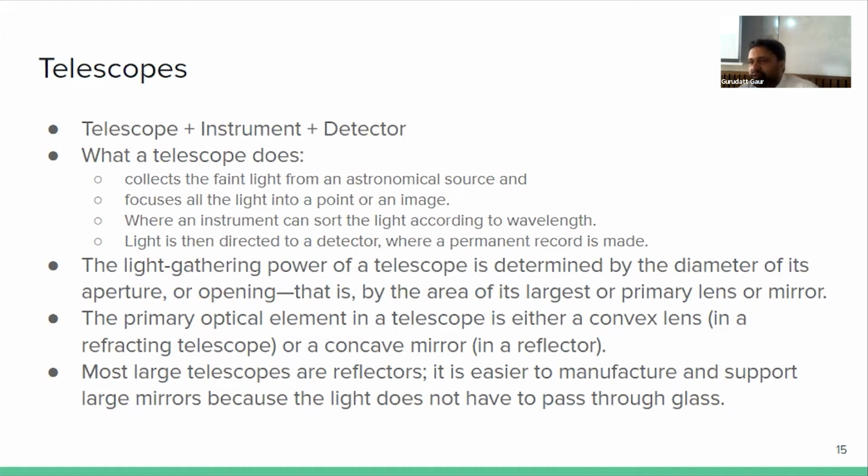Because whatever phenomena we are seeing, let it be reflection or refraction, ultimately something is happening at the microscopic level. The light falls on the mirror surface and interacts with the atoms of that mirror, and then finally it gets reflected. So that material should be very clear, pure, and aberration free.